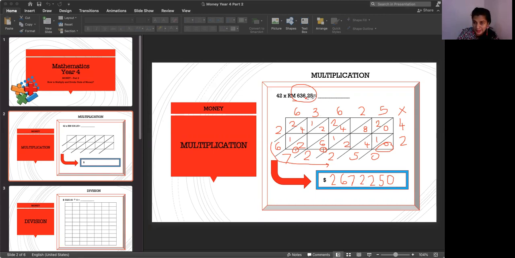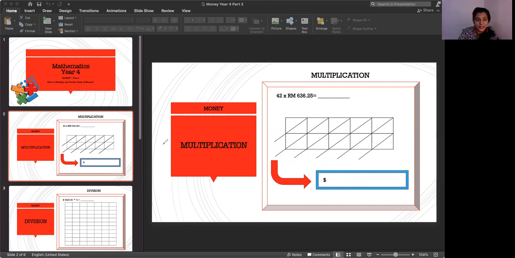There are 2 decimal places here, so from the right, you move in 2 places and you put your decimal point, and that's how you can read your number as 26,722 ringgit, and 50 cents. You can also do this multiplication using the standard written method. You'll arrive at the same answer. But in this example, I'm using the lattice method.